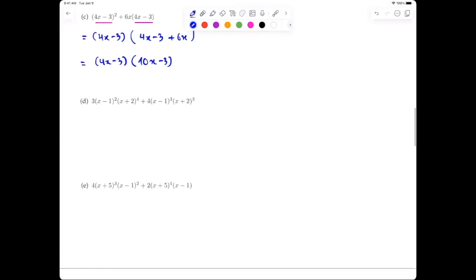So here I'm going to use two different colors for each factor. Okay, so x minus 1 squared and x plus 2 cubed. So you have x minus 1 squared times x plus 2 cubed, and you're left with 3 times x plus 2 plus 4 times x minus 1.